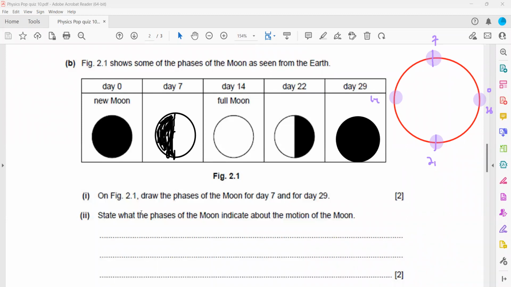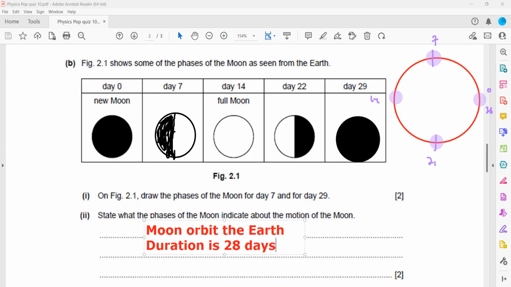So this gives an idea that the moon orbits the earth, with an approximate duration for one complete revolution of 28 days, or you can say 29 days; 27 is acceptable as well.